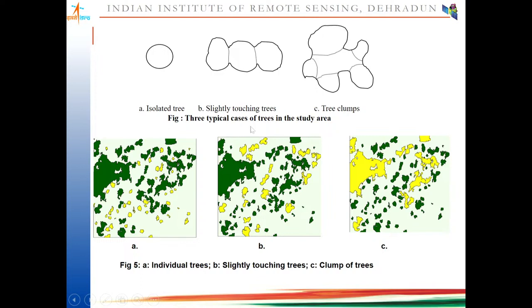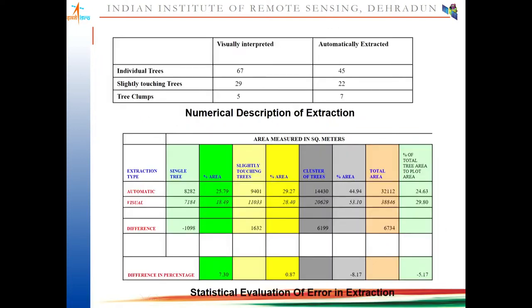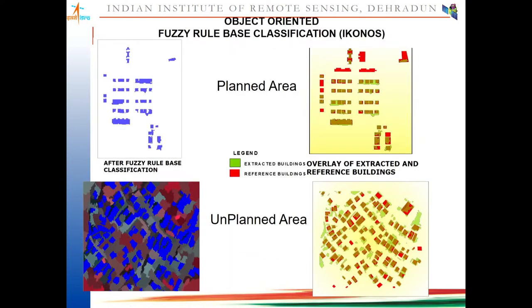So these were the three typical cases, and this is the segmentation for the individual trees, slightly touching ones, and the clump of trees. Then accuracy assessment was done by comparing visually interpreted data with automatically extracted data.